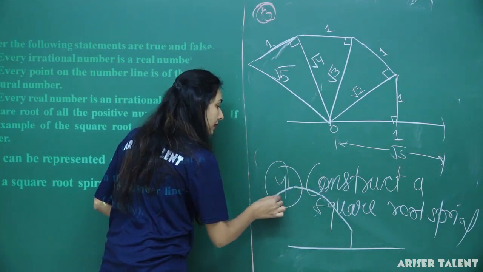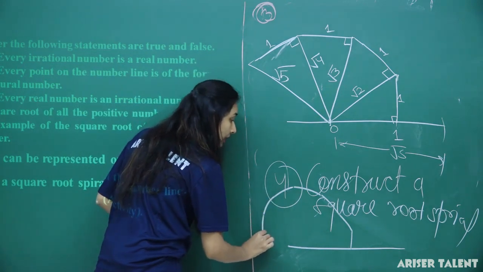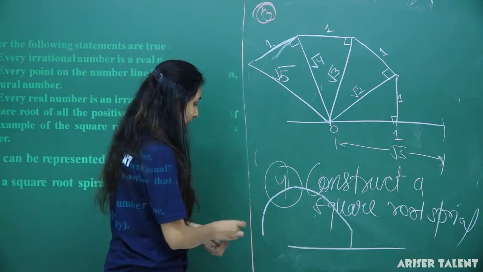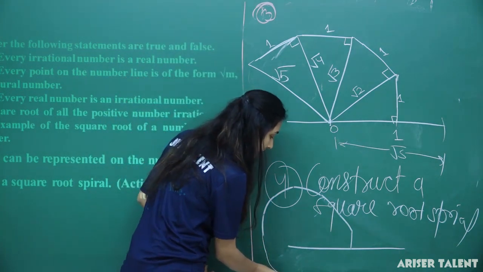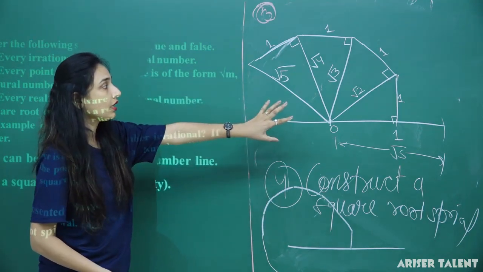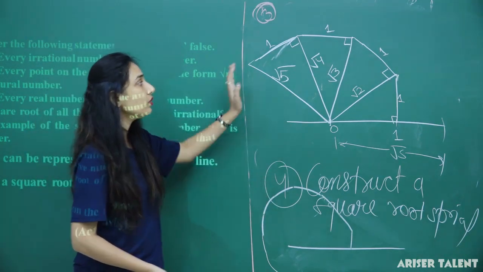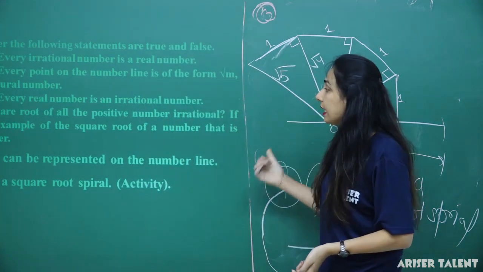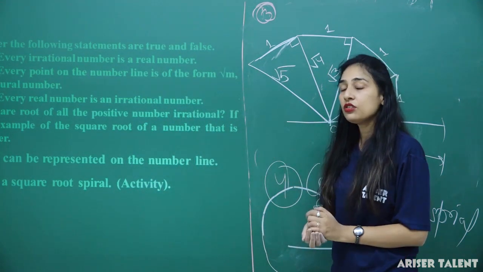So this will be the spiral, and you will have root 6, root 7, root 8, root 9 here also, and that is our square root spiral. Just try it here.